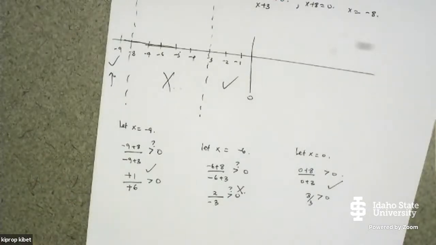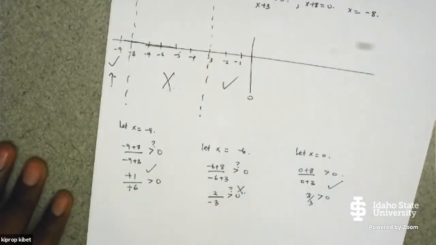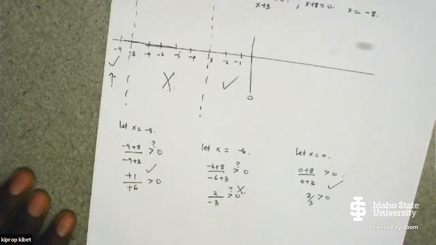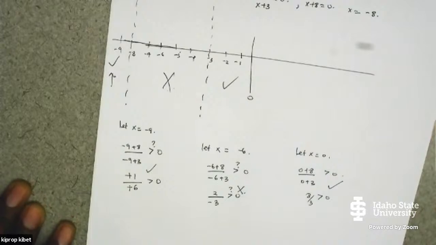So 0, is it greater than 0? No. So it is not included. Now, when we put -3, -3 plus 8, we have a number there, but the below one is -3 plus 3, which is 0. So that is not defined.